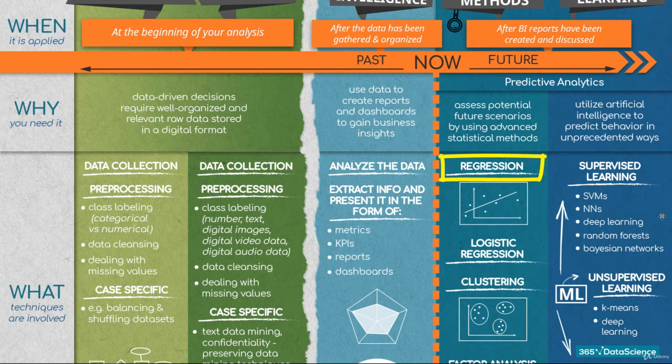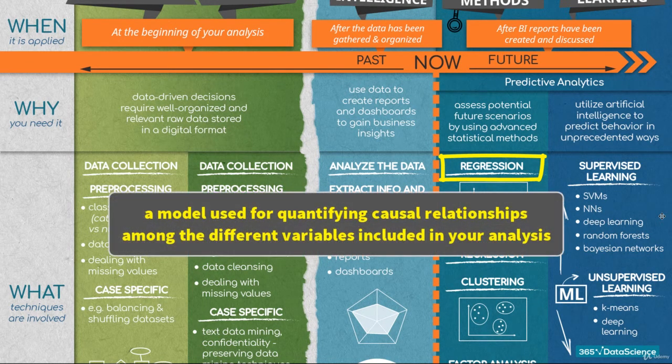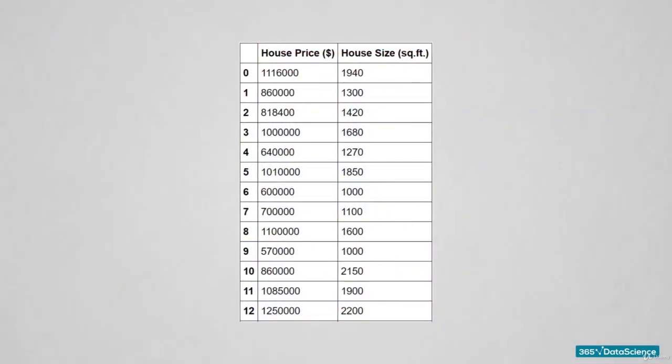In business and statistics, a regression is a model used for quantifying causal relationships among the different variables included in your analysis. Let's explain this through an example. First, look at this data set. In one column, we have house prices in dollars, while in the other, house sizes measured in square feet.